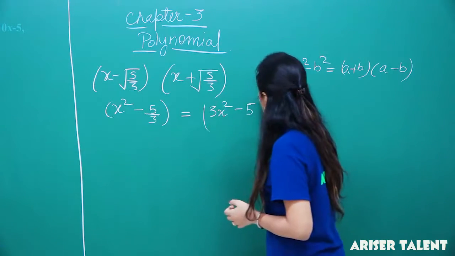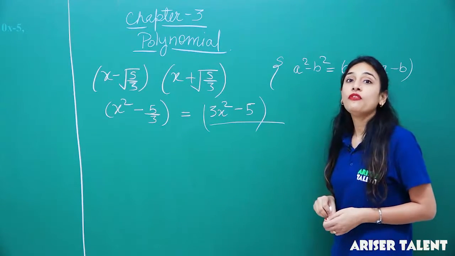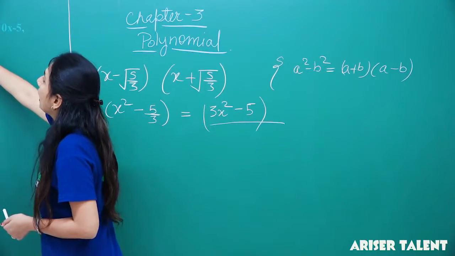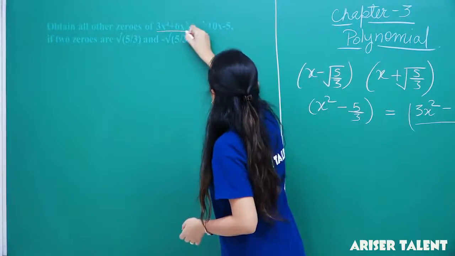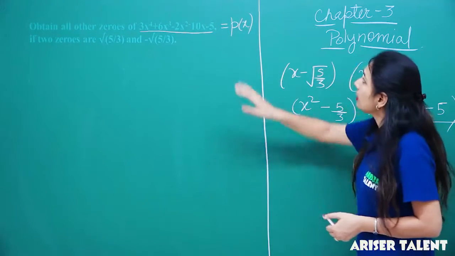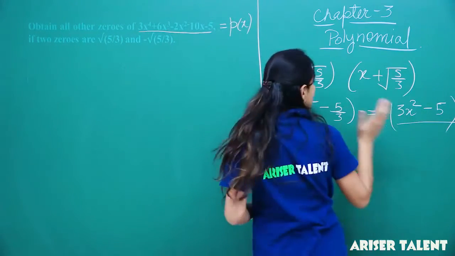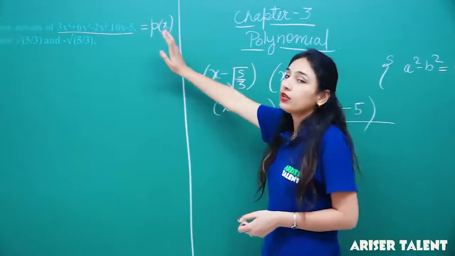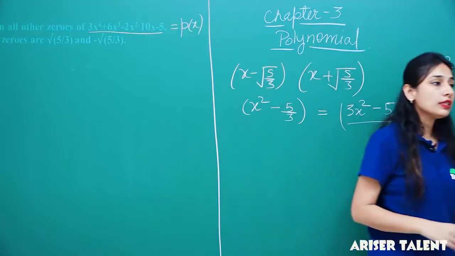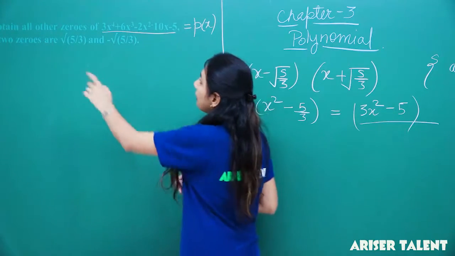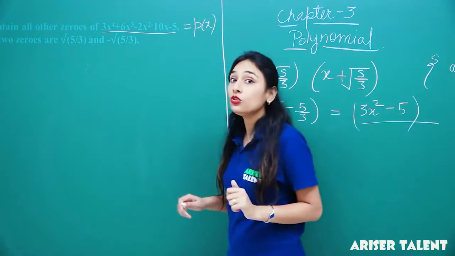So now we get one factor of our polynomial p(x). Let us call this 3x square minus 5 a factor of p(x). Okay students, now we just have to divide it because we have to obtain all other zeros.